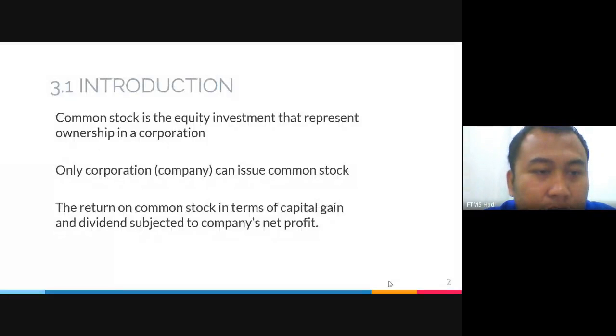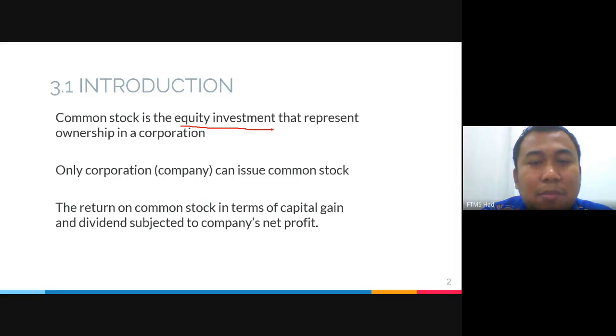So what exactly are common shares or common stock all about? Do not be confused about common stock and common shares; they are the same, sharing the same terminology. Common stock is an equity investment. Remember, we have two types of funding, which are debt and equity. Equity means capital. What an investor gets from investing in shares or equity is ownership in a corporation.